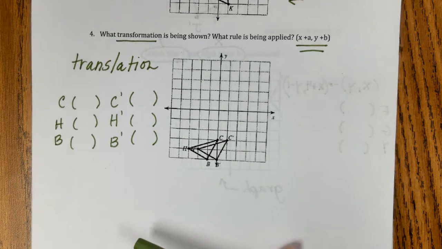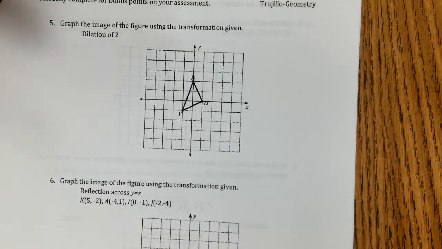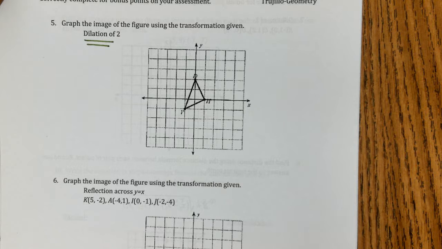Okay, moving on to the next problem, number 5. Okay, so if we're dilating an image, what does that mean? What operation is being used? What do we do in our notes for dilation? Multiplication.